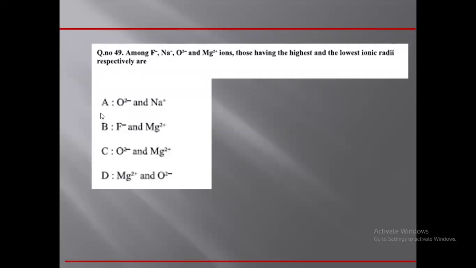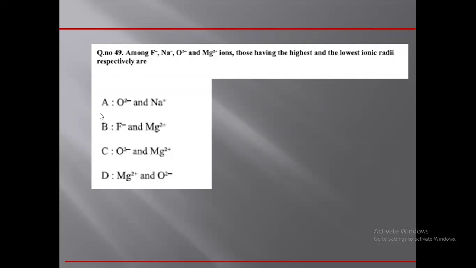Question number 48. Among F minus, Na plus, O2 minus, and Mg2 plus ions, which have the highest and the lowest ionic radii respectively? Here you have to find the highest and lowest ionic radii.